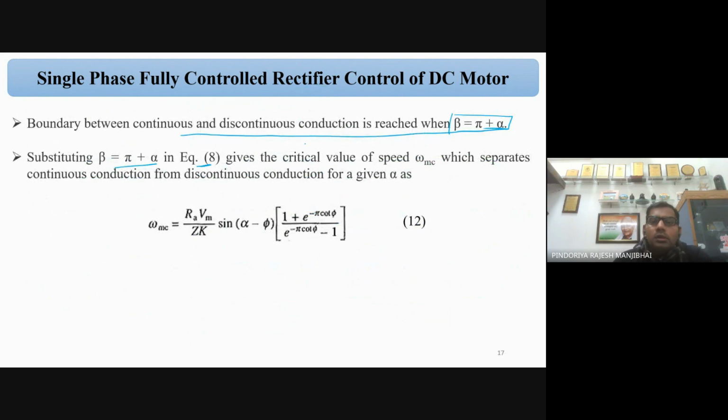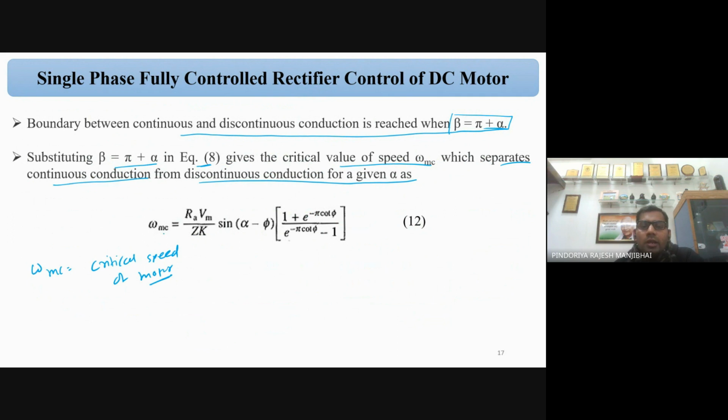This gives the critical value of the speed, omega mc. Omega mc is nothing but the critical speed of the motor, which separates the continuous conduction from the discontinuous conduction for the given alpha. This is a boundary condition, that is beta equals pi plus alpha.